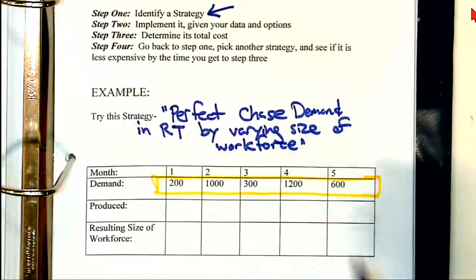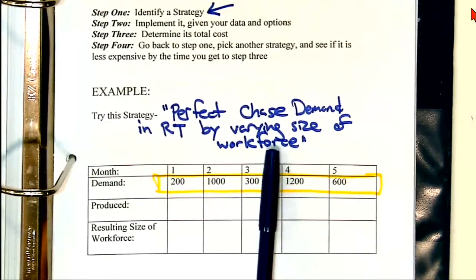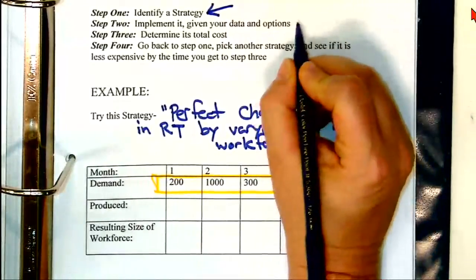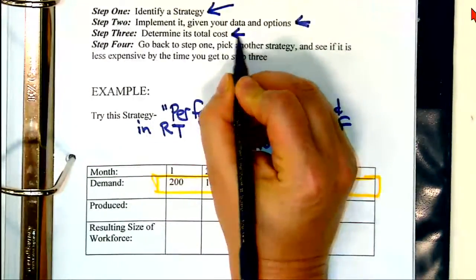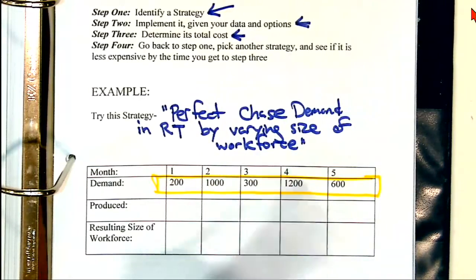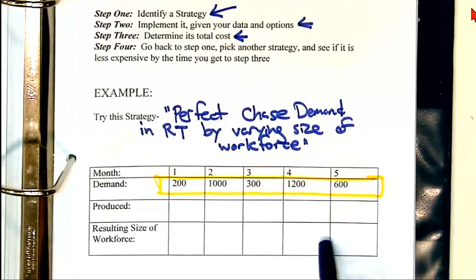Now, this is going to generate a plan, but if we don't have Solver, we have no idea if it's the very best plan. Generate the plan, that's step 2, and determine its cost. Because step 4 is just go back, identify another strategy, go through the same steps, and, like we were doing with the spreadsheet, see if you can beat that cost.